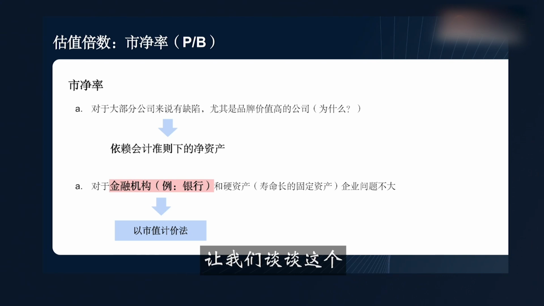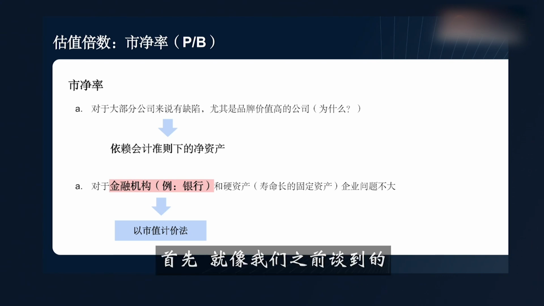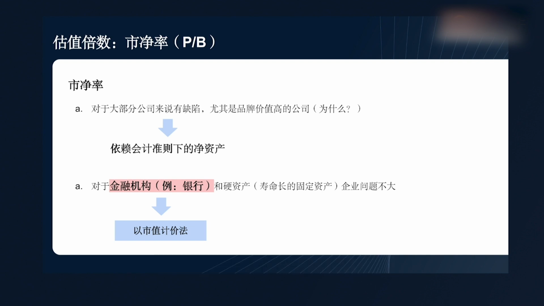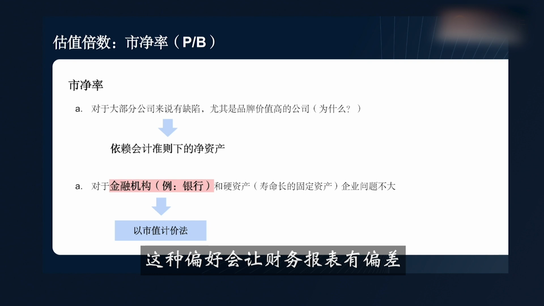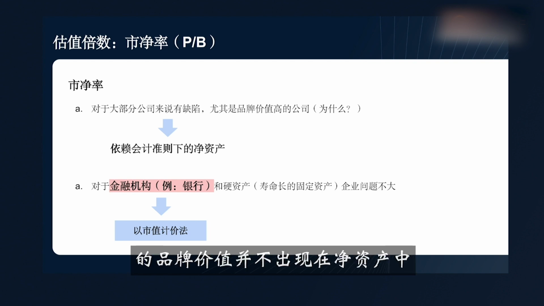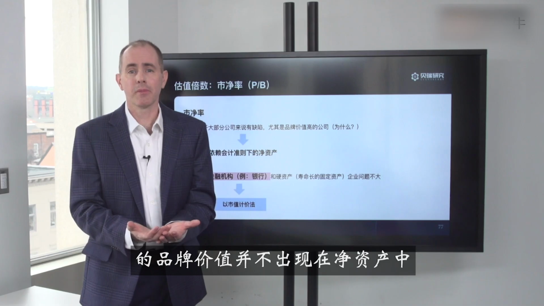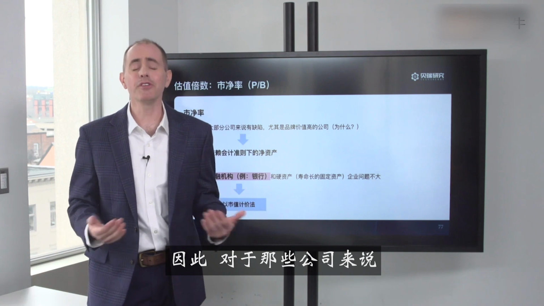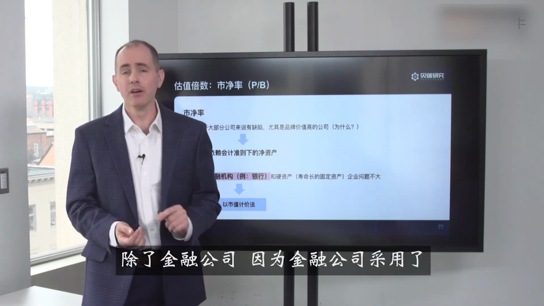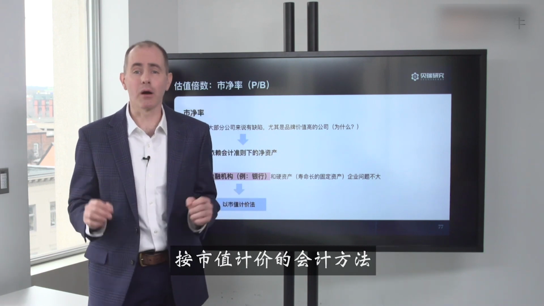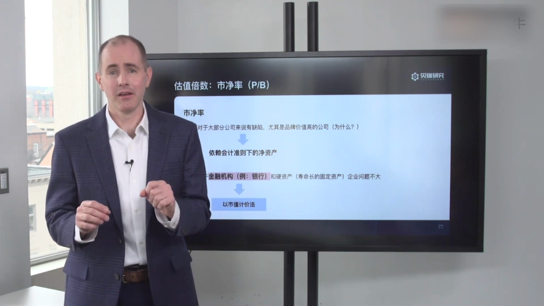Let's talk about that. It's got some weaknesses. First of all, like we talked about before, accountants like historical costs, and that preference distorts accounting statements. The brand values of great brands like Coca-Cola do not appear in book value. So book value is pretty far detached from whatever the real value is for those companies, except for financial firms because of mark-to-market accounting.